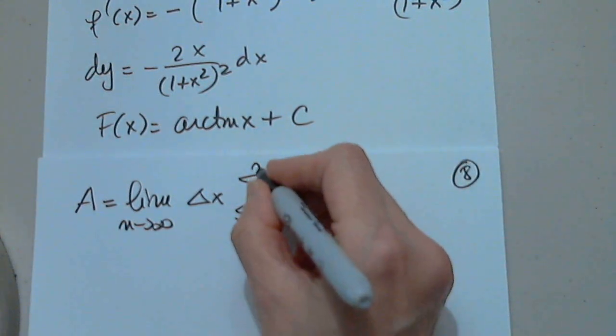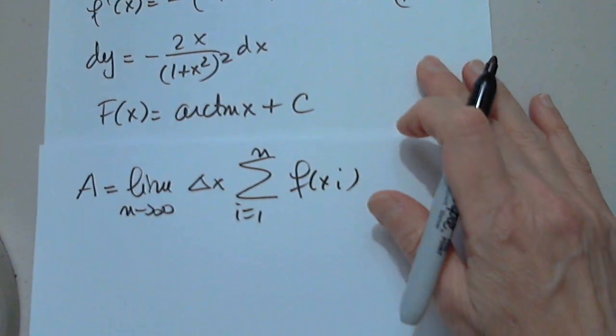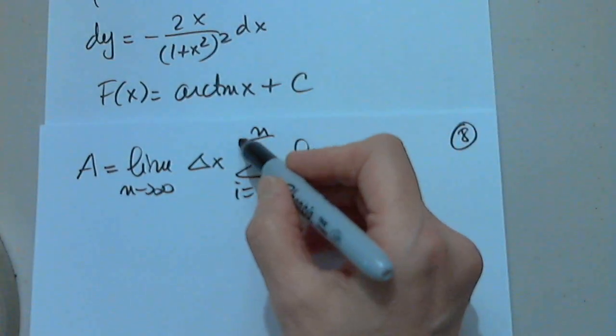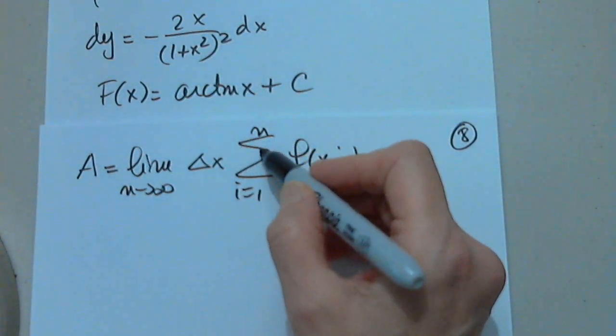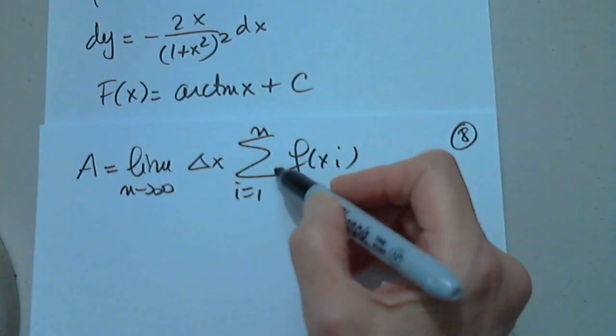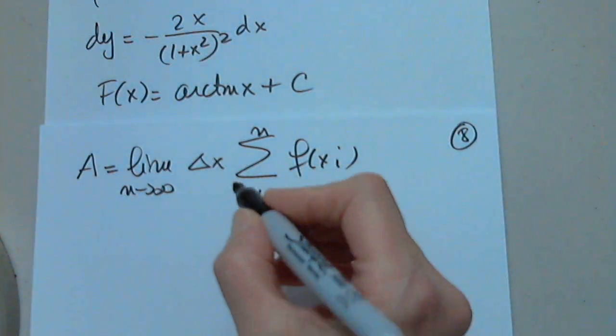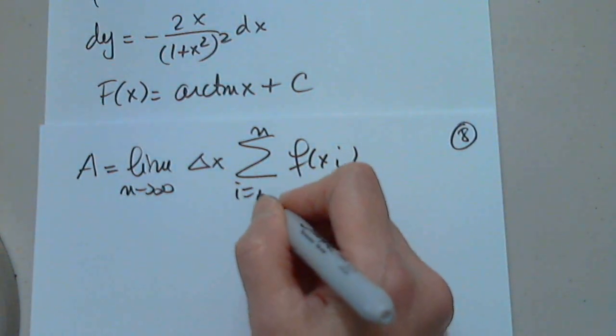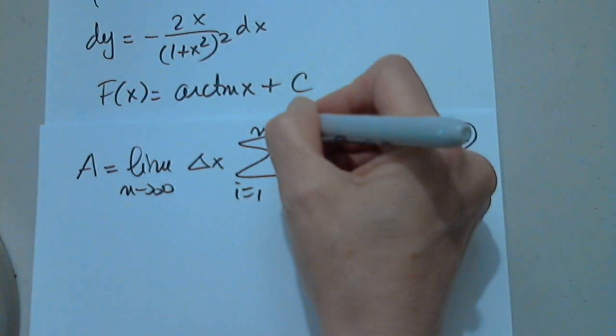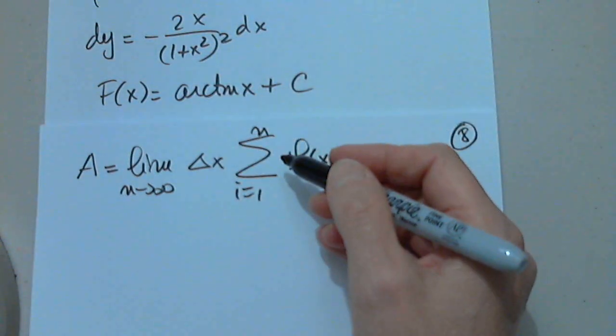From i equals 1 through n. Okay, so remember I said that this is the Greek letter S, the summation notation, or sigma, and it's used because it has this shape, and I can write the index at the bottom and the lower limit, and then the upper limit at the top, so it's convenient.